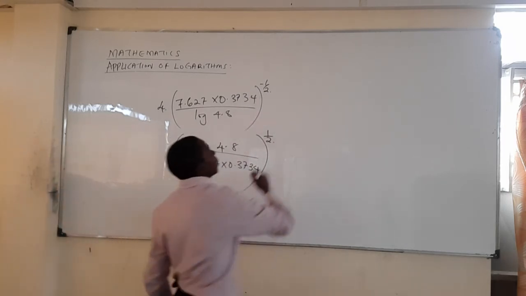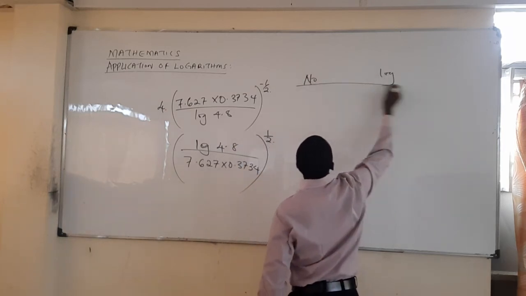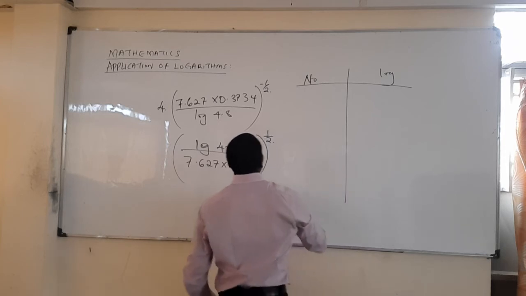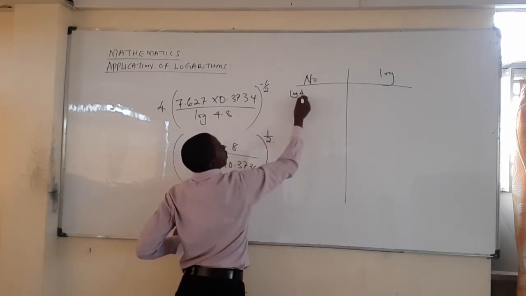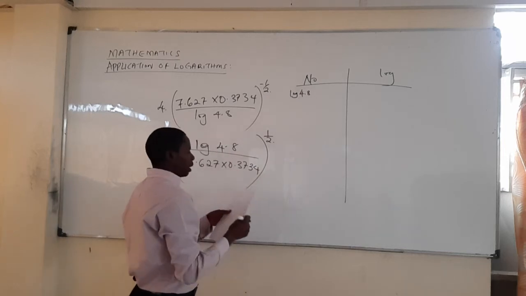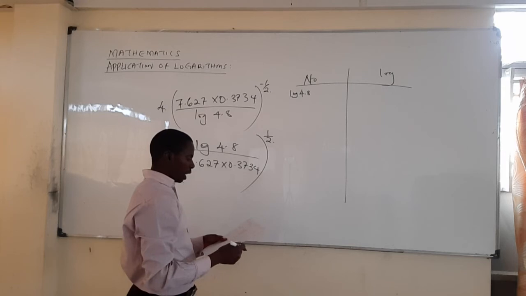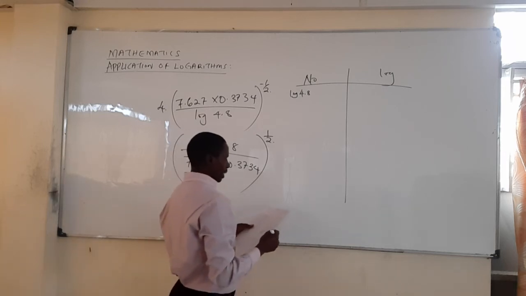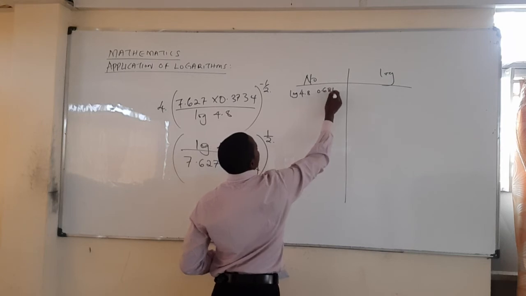So let's have now the table here, number and then the log, so that you can solve that. So now 4.8, the log of 4.8 is 0.6812.